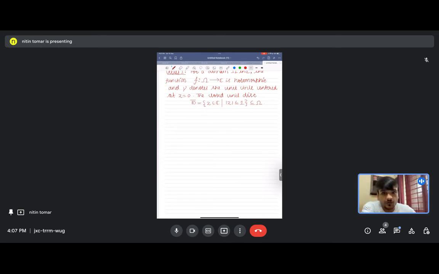So if f is a holomorphic function, what can you say? It will have a power series representation, right? Yes. So f admits a Taylor series representation.